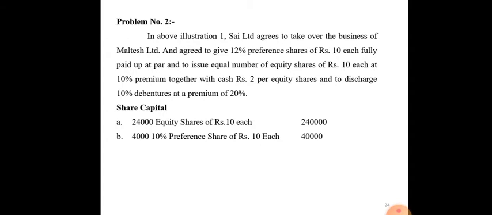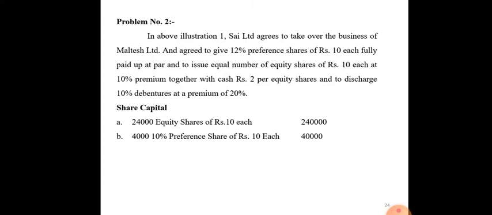Now the second one, see, to issue an equal number of equity shares of rupees 10 each at 10% premium. It means how many equity shares are there? 24,000 equity shares are there, and rupees 10 plus 10% premium. 10% premium means you have to calculate 10% on this rupees 10, so it will come to rupees 1.